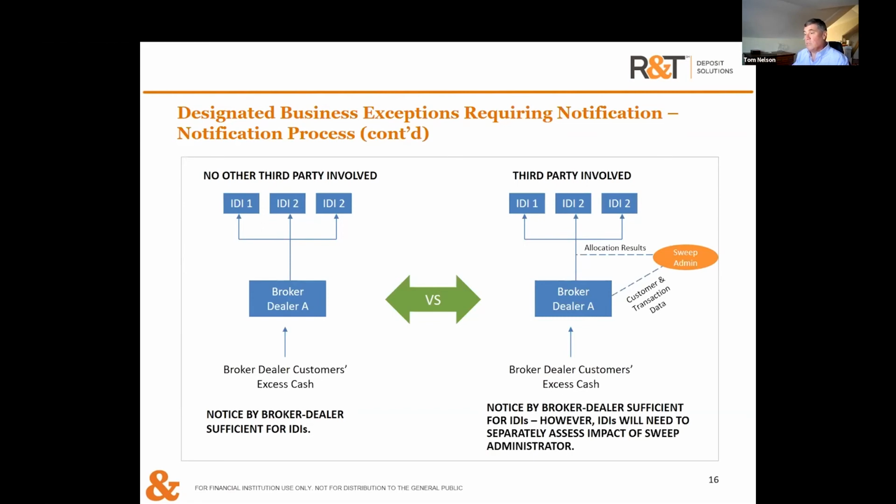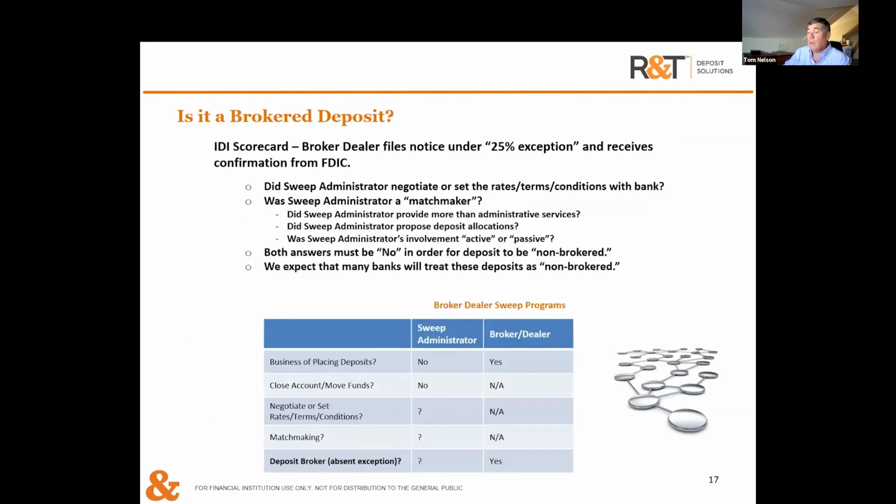In that case, where the broker-dealer has already filed the primary purpose exemption and has identified us as being involved, the bank is going to have to make an independent analysis, an independent confirmation. Does the sweep administrator, does R&T, make this a brokered deposit because of the things that it's doing? So this is where we go back to the original conversations that we had before.